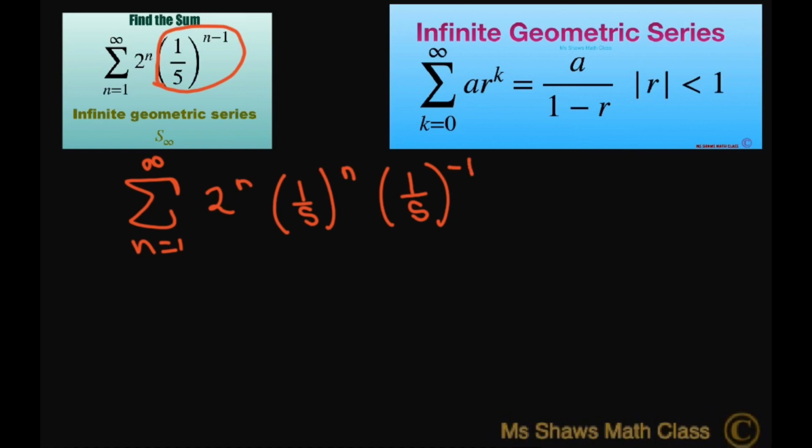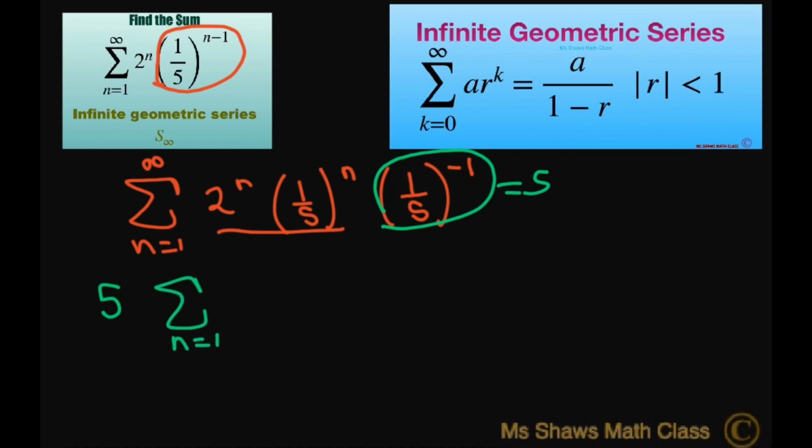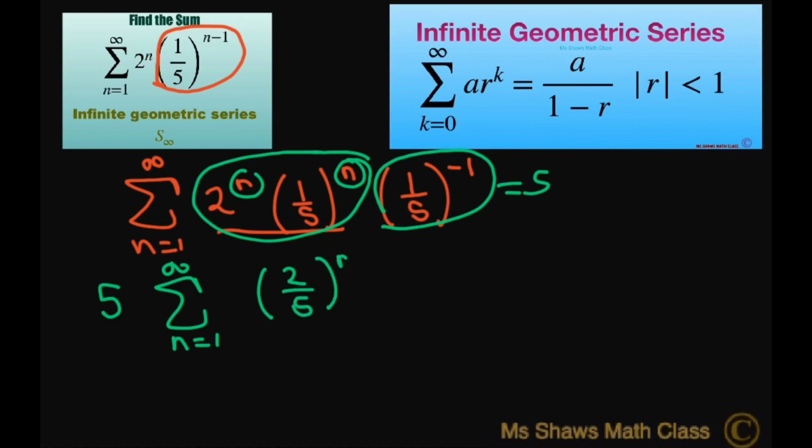All right? And then I can combine those two, and 1/5 to the power of negative 1 equals 5. So I can bring the 5 out and write this as 5, because this equals 5 here, times the sum from n equals 1 to infinity, and put these two together, because they both are to the power of n. So I can write this as 2 divided by 5 to the power of n.